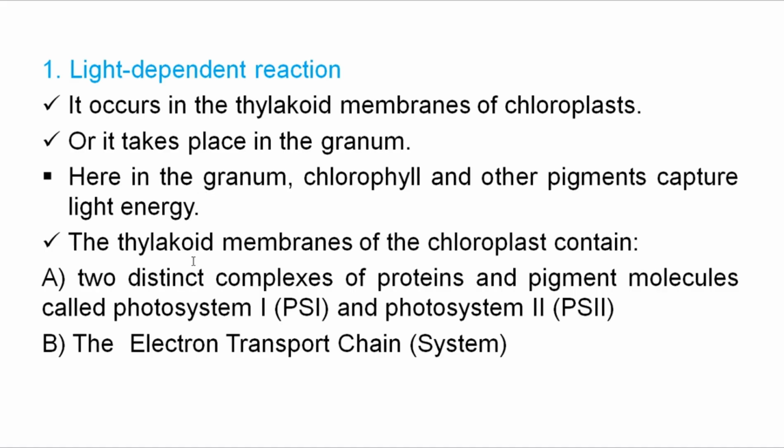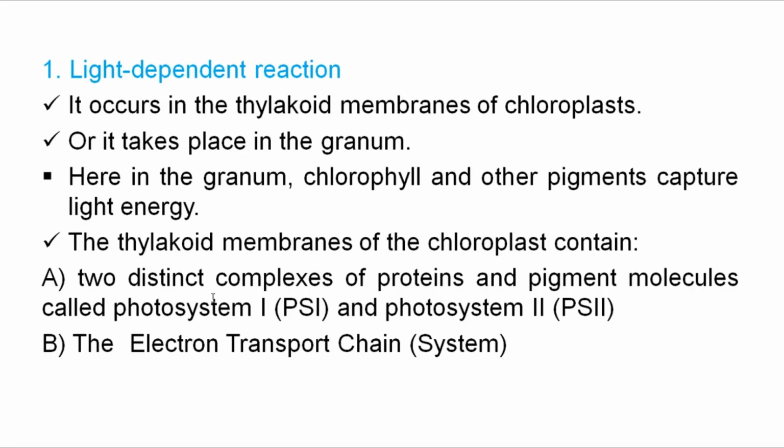The thylakoid membrane of the chloroplast contains two distinct complexes of protein and pigment molecules called photosystem 1 and photosystem 2. What are these two distinct complexes of proteins and pigments? Photosystem 1 and photosystem 2.